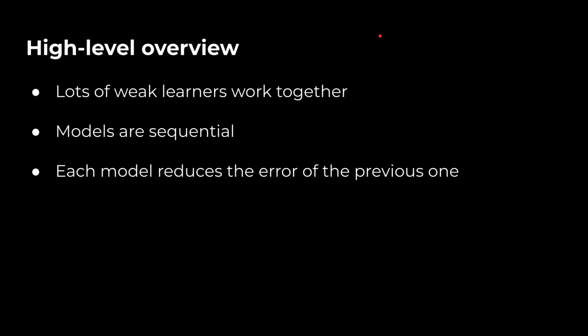For a high level overview of how gradient boosting machines, or boosting architectures, work, we basically have a lot of weak learners that work together. In terms of GBMs, a weak learner is a small decision tree.